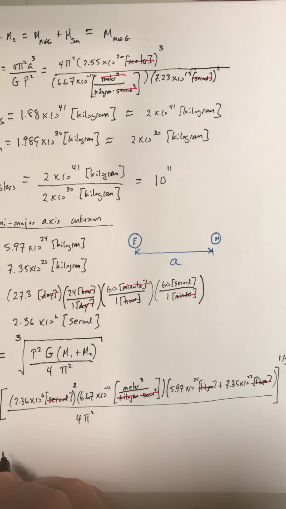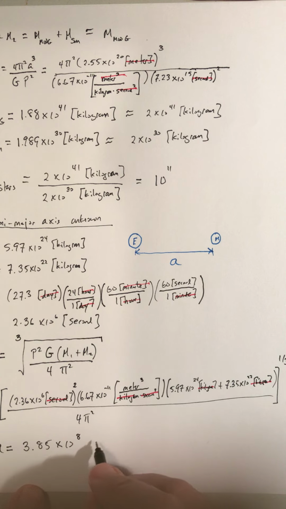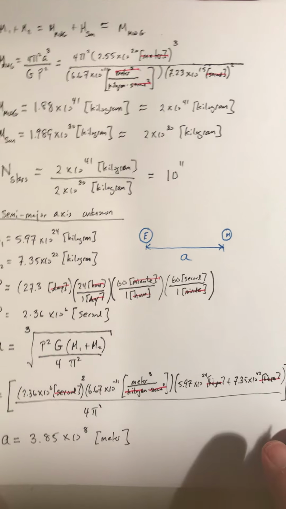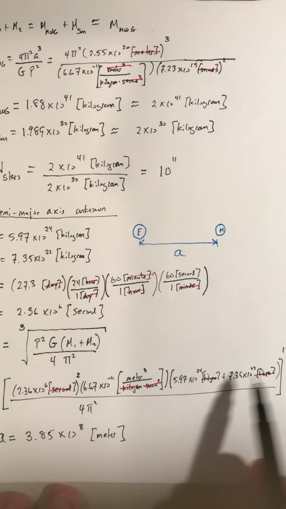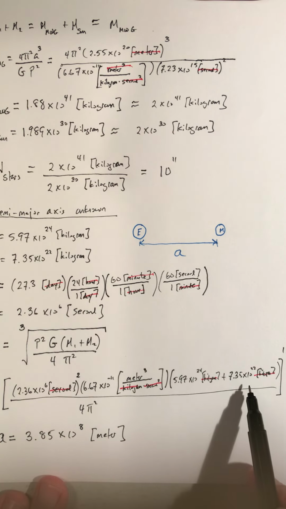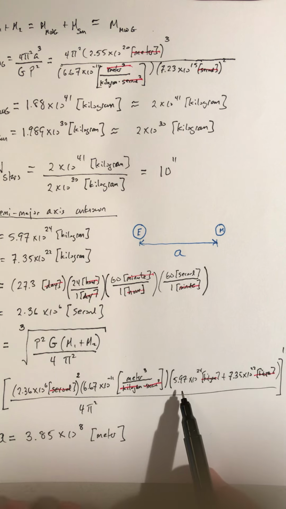So I go through and calculate all that, 3.85 times 10 to the 8th meters. Now, this mass of the moon is pretty small compared to the mass of the Earth.